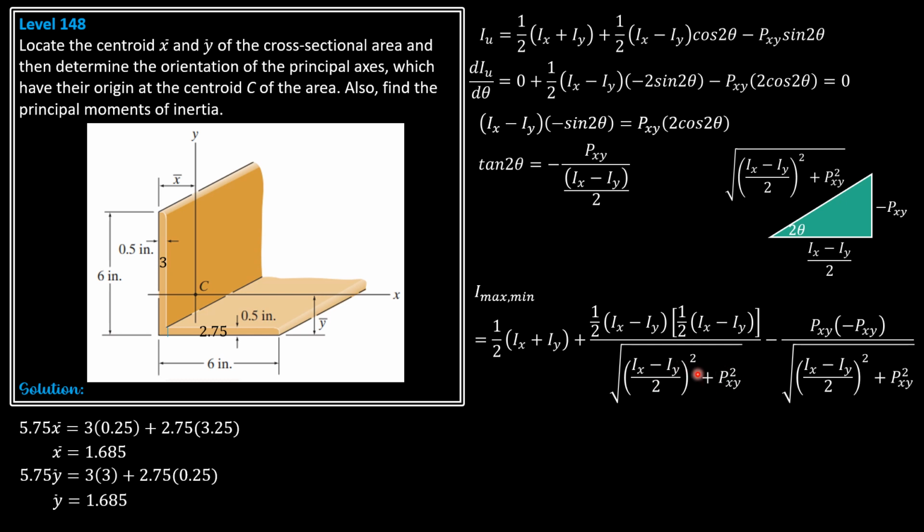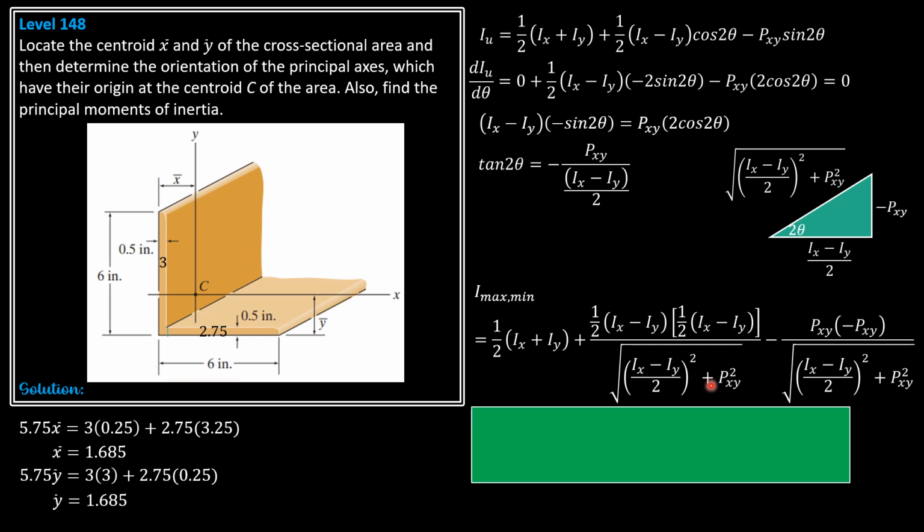If we simplify these two terms here, that is the same as the square root of the quantity Ix minus Iy over 2 squared plus Pxy squared. So therefore, I max or I min is 1/2 of the quantity Ix plus Iy, plus or minus the square root of the quantity Ix minus Iy over 2 squared plus Pxy squared.